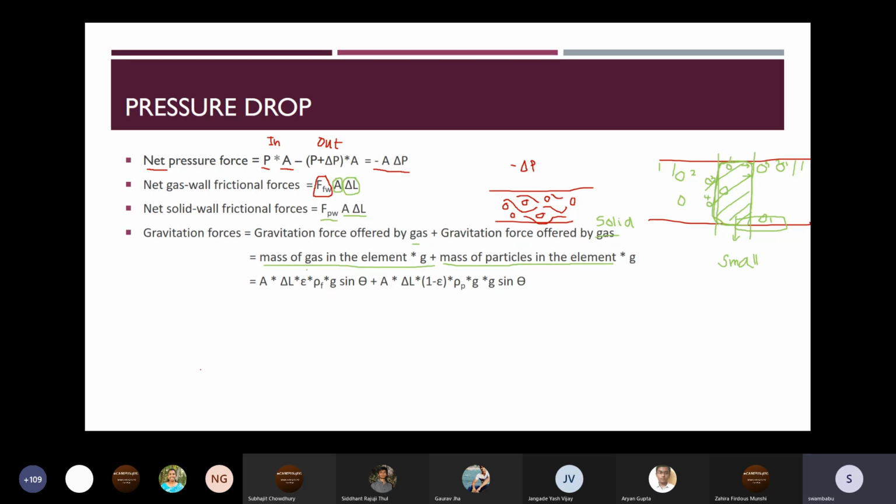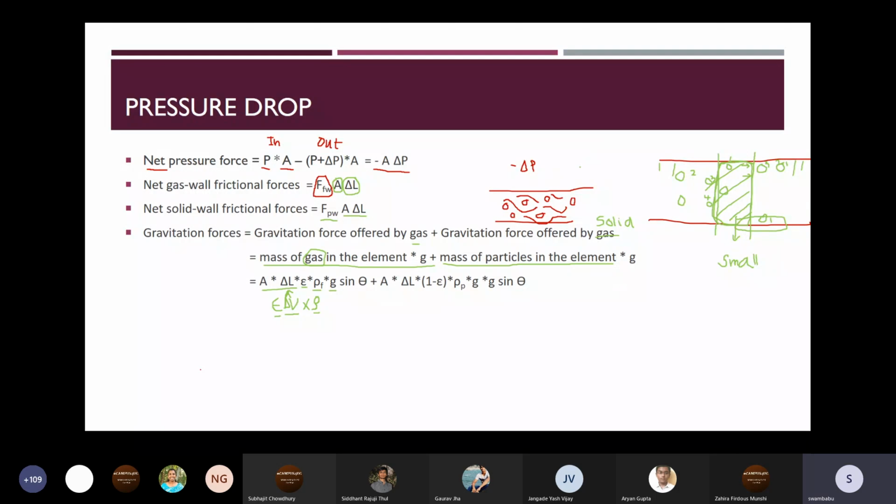So how do you find the mass in the element? We know delta V, the volume of the small element. If I multiply with density, I get m. Now, for the mass of the gas, I have to multiply with the void volume. Delta V is A into delta L, cross-sectional area into small element length, and here we have epsilon, the void volume, because gas is in the void spaces, and the density of the fluid, and g.